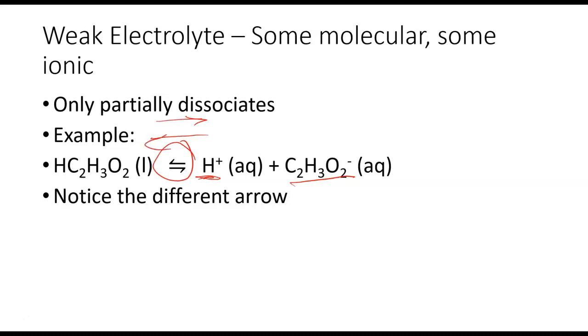What that means is that this acetic acid breaks down into the hydrogen ion and the acetate ion, but this hydrogen ion and the acetate ion can go back the opposite way. So this reaction is going back and forth, and we'll look at that a lot more extensively when we look at equilibrium. But notice that different arrow. That's going to be important when we're looking at weak electrolytes.